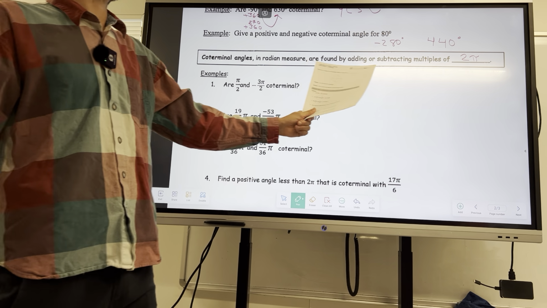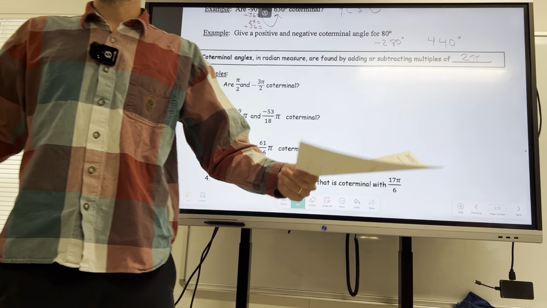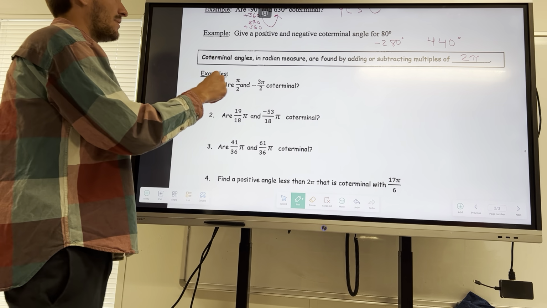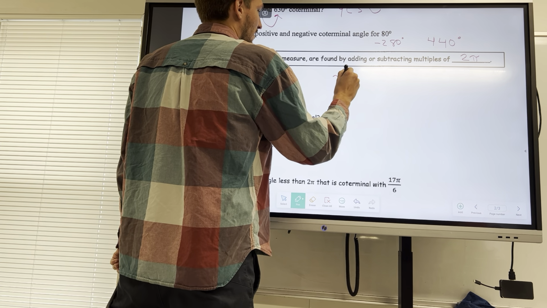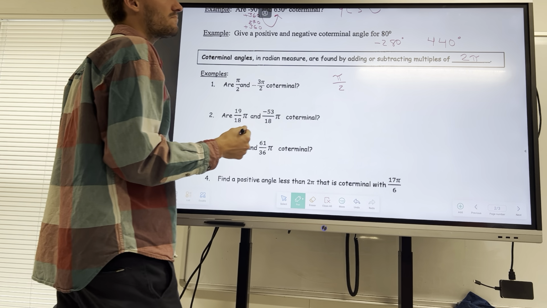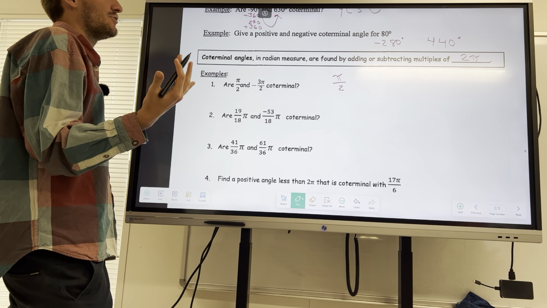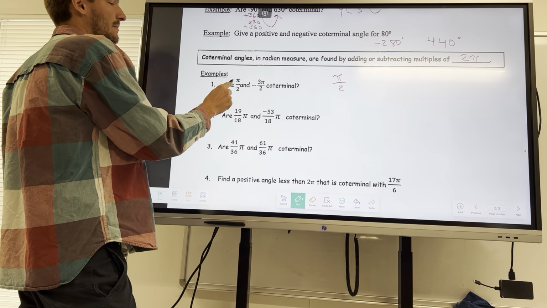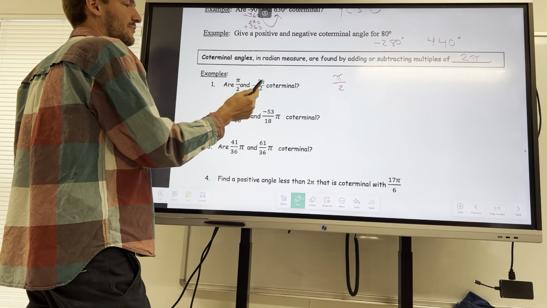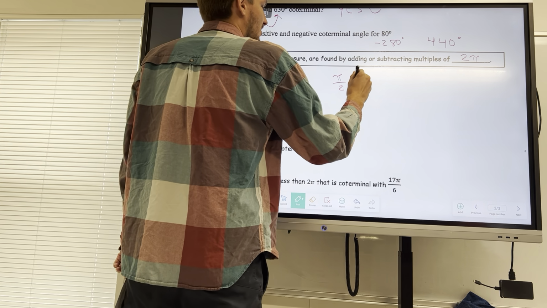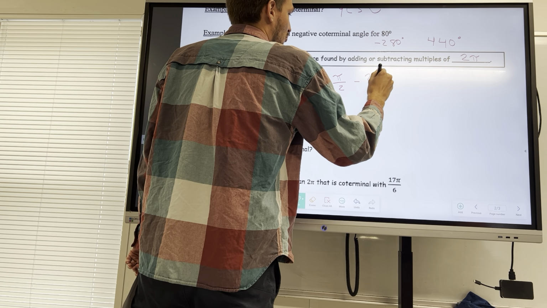If we want to add and subtract 2 pi, well then easy, just add and subtract 2 pi. So if we start here with pi over 2, we could just add or subtract 2 pi. Now if we're trying to go backwards to negative 3 pi halves, then I probably want to subtract 2 pi.